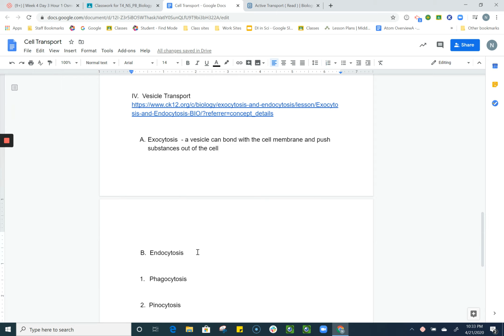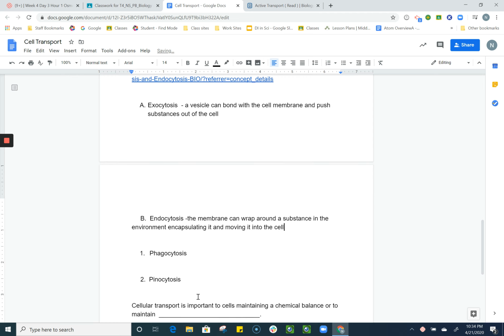This one here is where the membrane can wrap around a substance in the environment, encapsulating it and moving it into the cell.